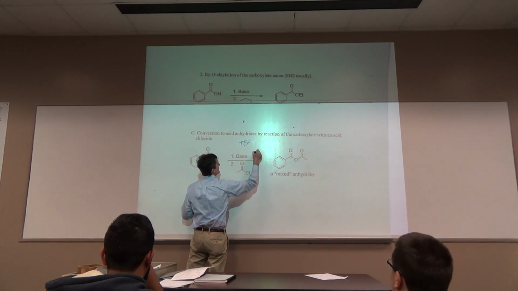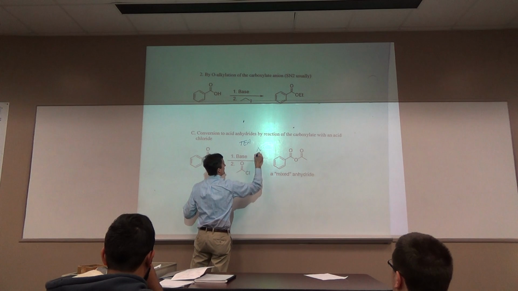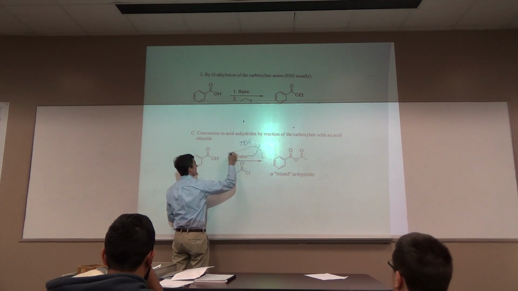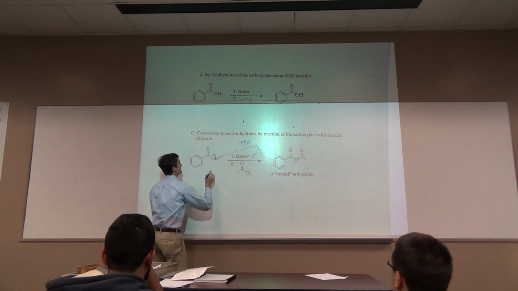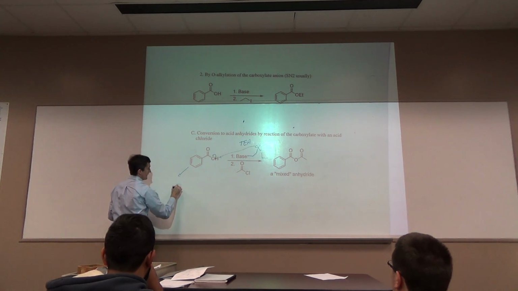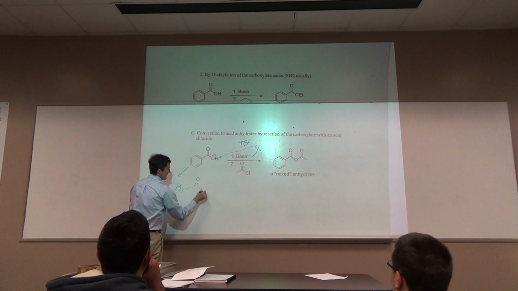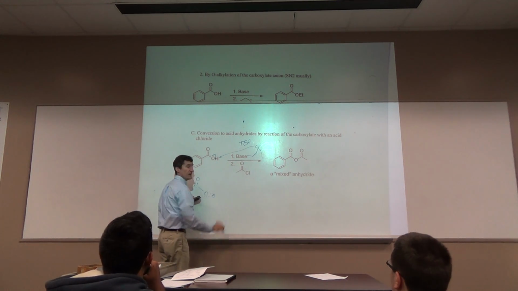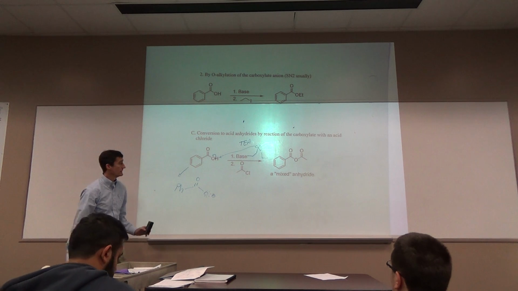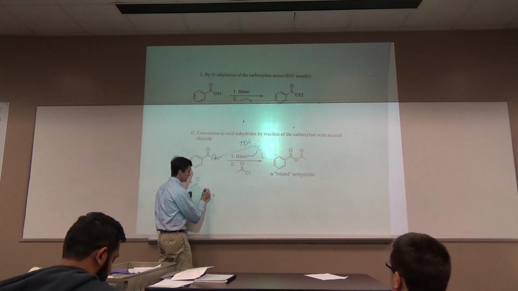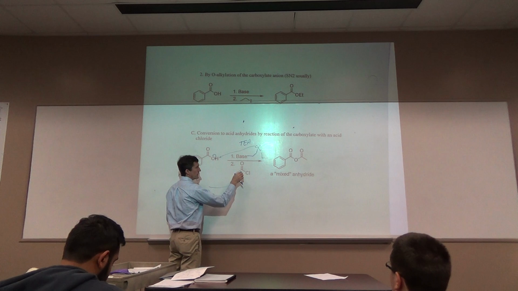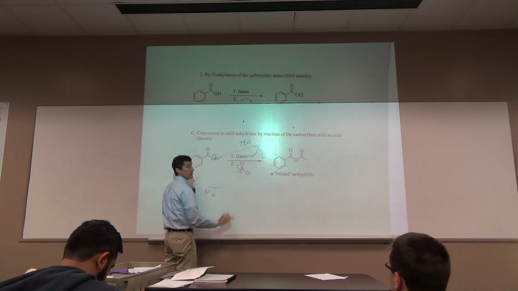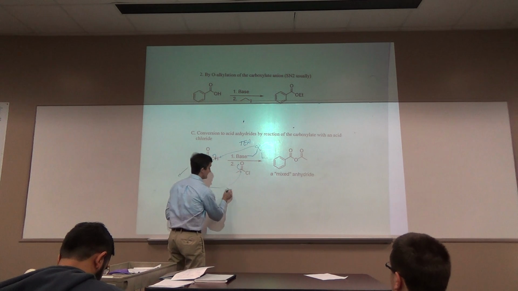Everybody remember triethylamine? It's a tertiary amine. It is strong enough to deprotonate the carboxylic acid. And so we get our anion. Then we throw in an acid chloride. We know nucleophiles attack here, and what? Electrons up on oxygen, right?